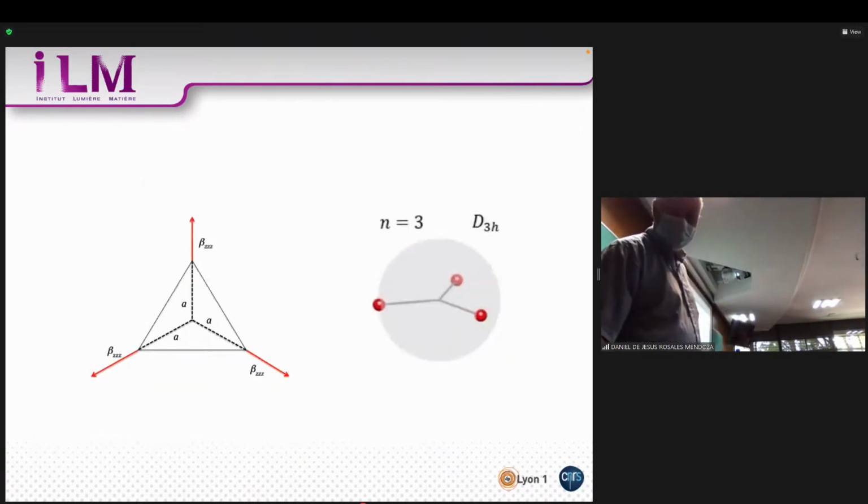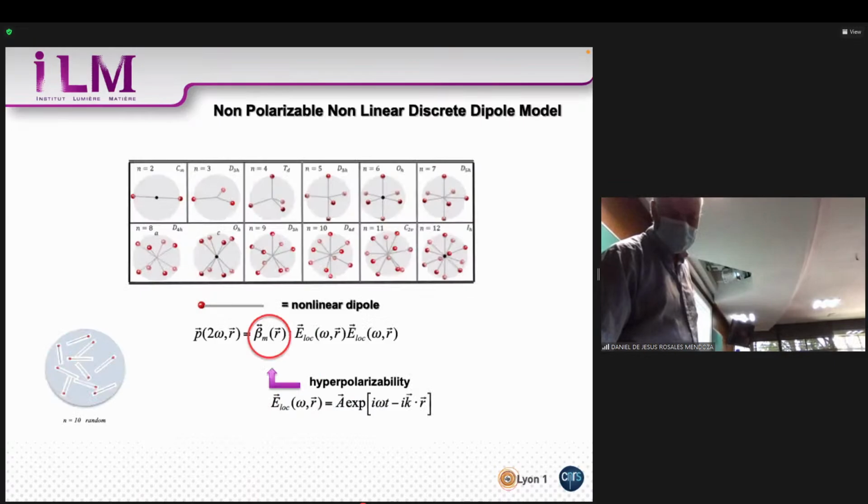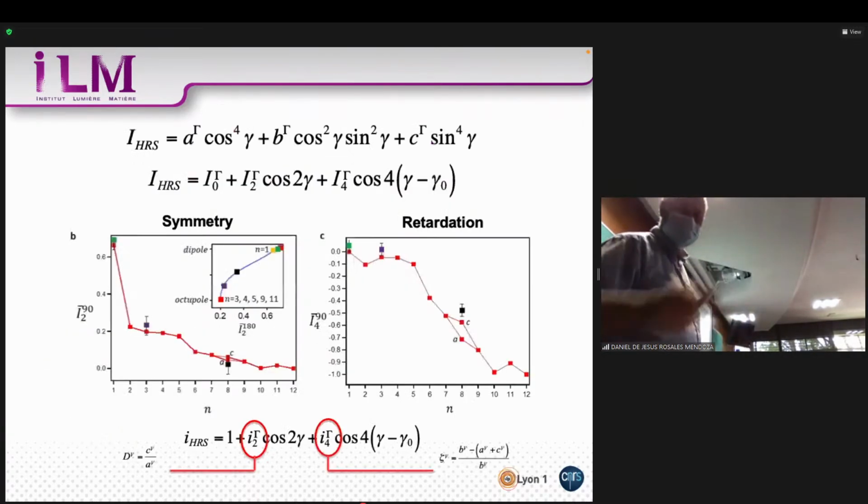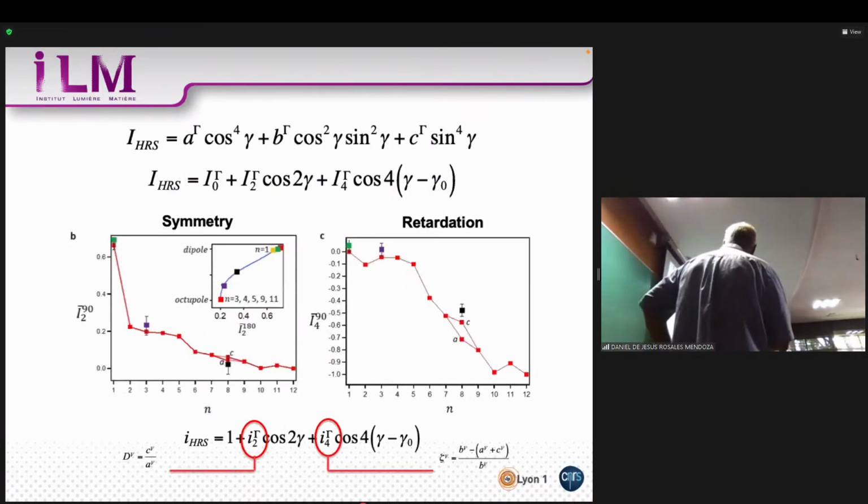We have brought that further to the modeling. Okay, I will skip that. But using this, we can do the zoology of this, because I've shown just the cubes, the spheres, the triangles, but we can do all of them and report what we should get for the coefficients. Instead of reporting D and zeta, we've reported different parameters.